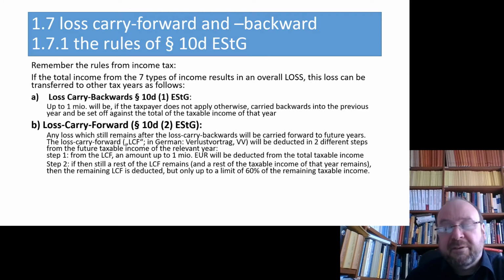But if you earned more in a year, you should not end up that year without paying any taxes at all. And so the compromise was 60% of your income can be set off by losses, but on 40% of the remaining amount you will have to pay income tax.